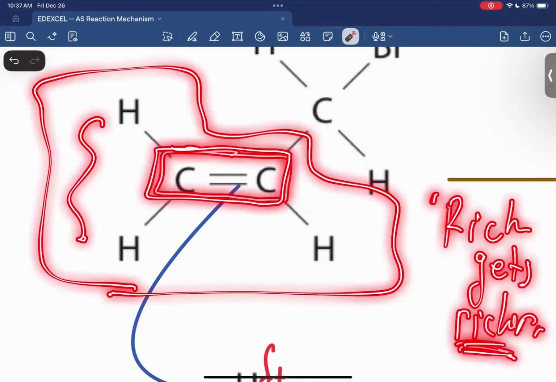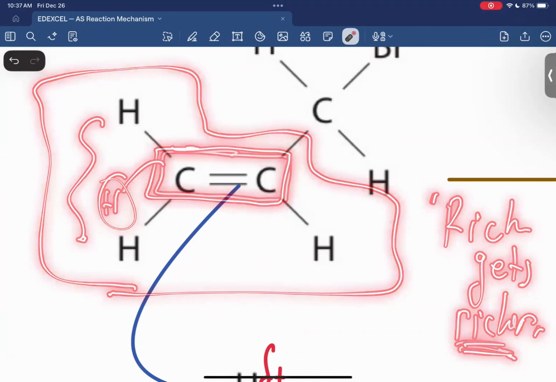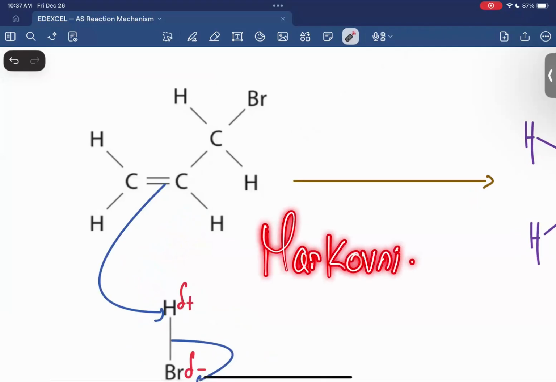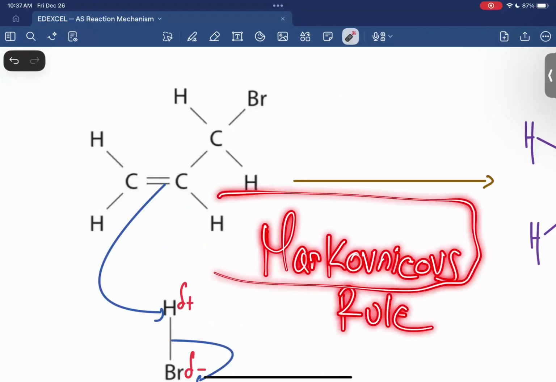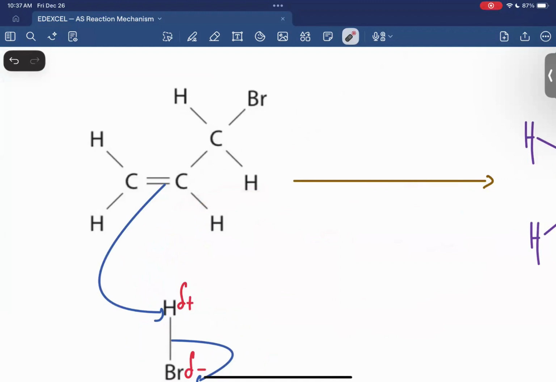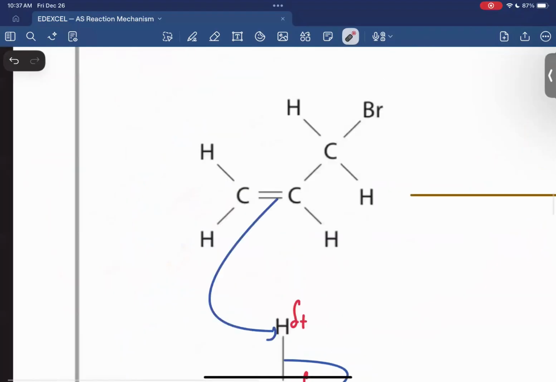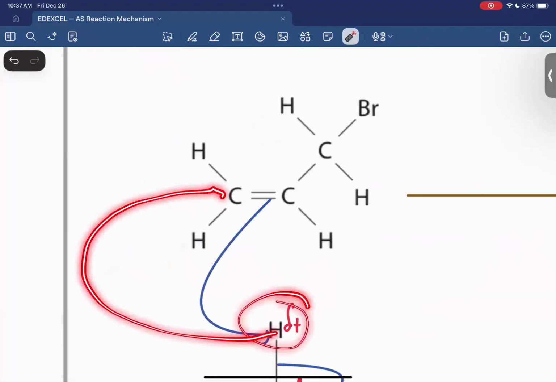This one, right? So the hydrogen from that electrophile is going to join over here. There's a reason behind it. This is what we refer to as Markovnikov's rule. I'm not sure about the spelling, sorry for that. It's a Russian spelling. It says that the hydrogen from the electrophile would join with the carbon that has more hydrogen.